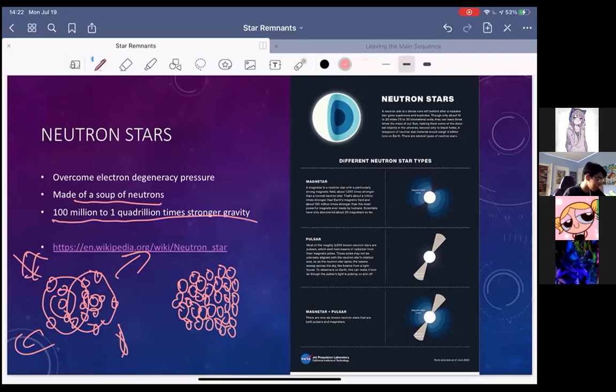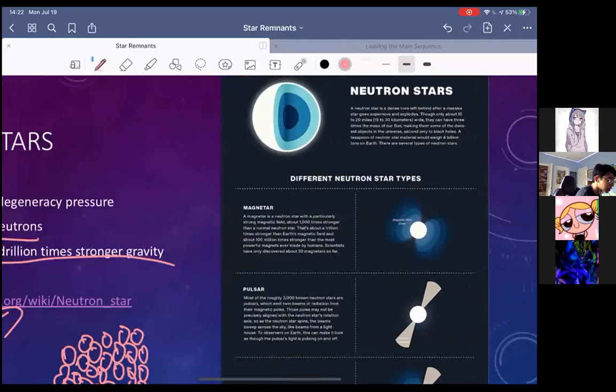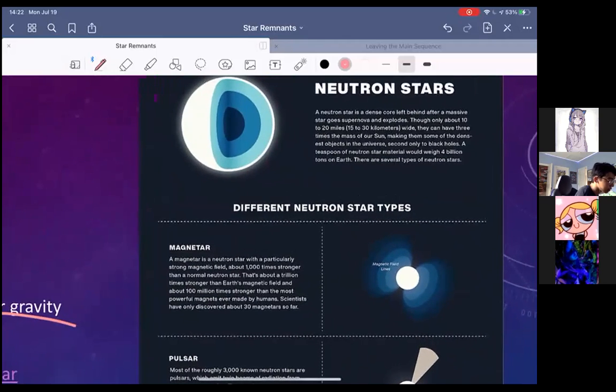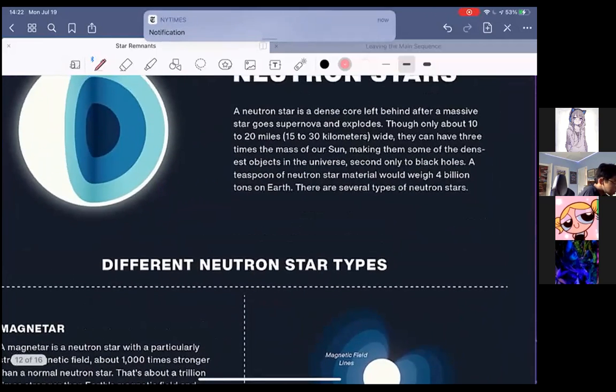Because that's pretty crazy. And as a result, being so dense and having all these fundamental particles like protons and electrons all souped up together, there are actually a lot of different types of neutron stars. So here it explains that neutron stars are dense cores left behind after a massive star undergoes supernova and explodes.